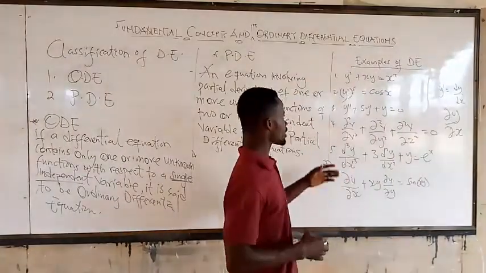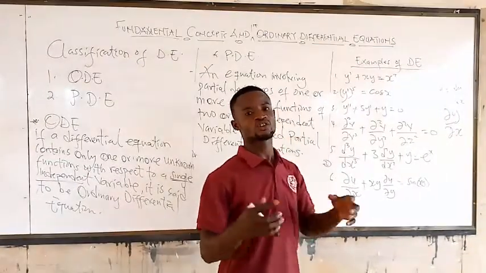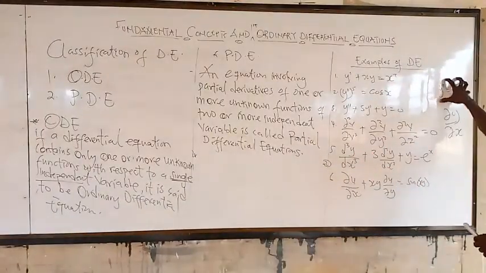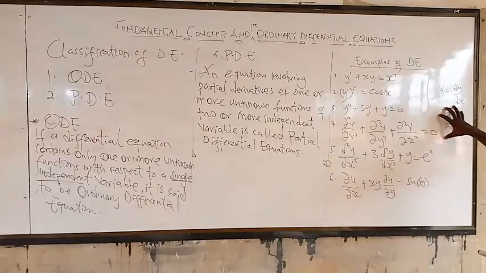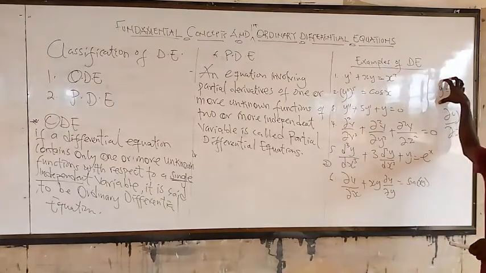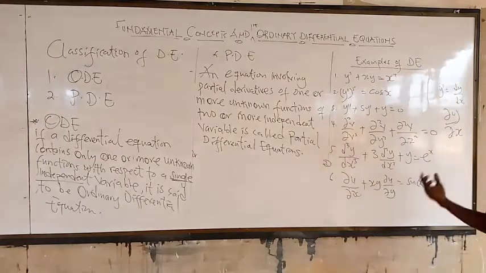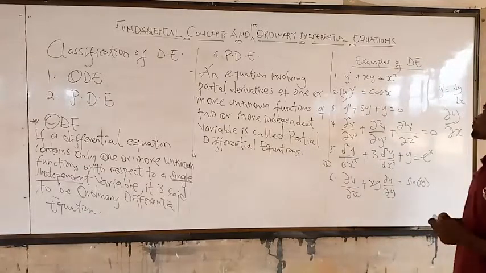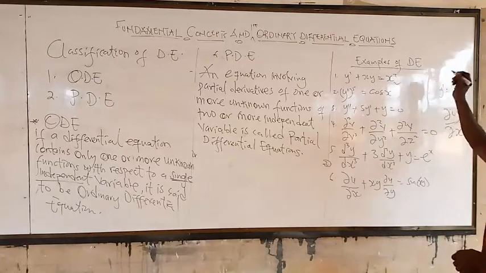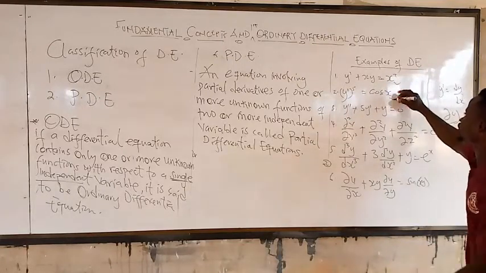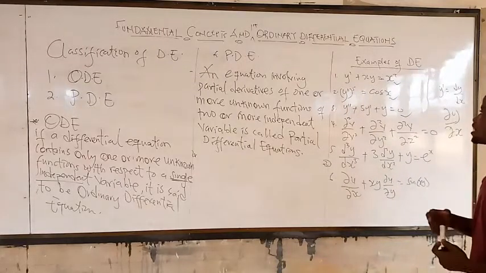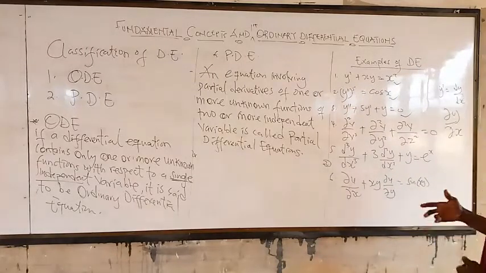Alright. We are also saying that it contains partial derivatives. As I said, this is a partial derivative and this is just an ordinary derivative. Looking at these examples of differential equations, we can say that this one is an ordinary differential equation, and the reason is that we do not have a partial derivative in it.